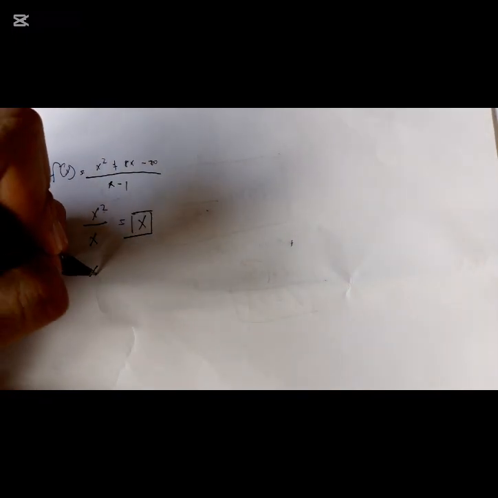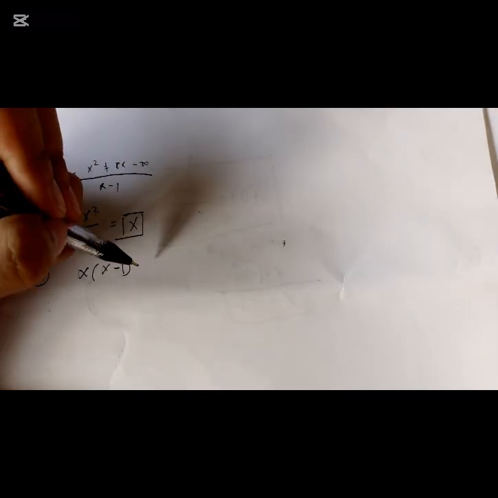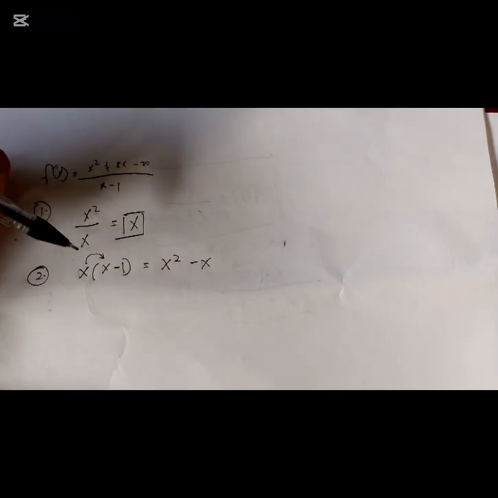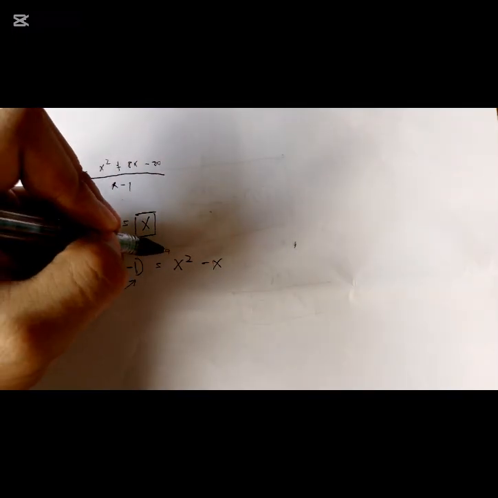Therefore, x times (x minus 1) is equal to x squared minus x.